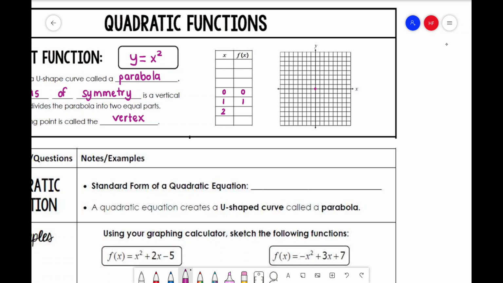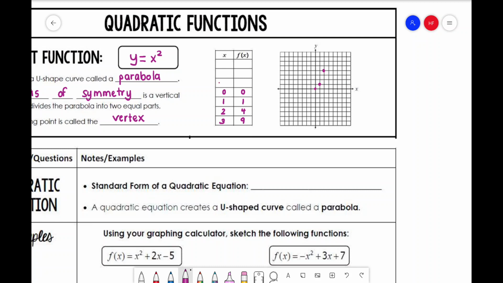We're not going to follow that pattern because 2 squared is 4. Then 3 squared is 9. So for our points, we would have 1, 1, 2, 4, and then 3 goes up to 9, which is off the graph.